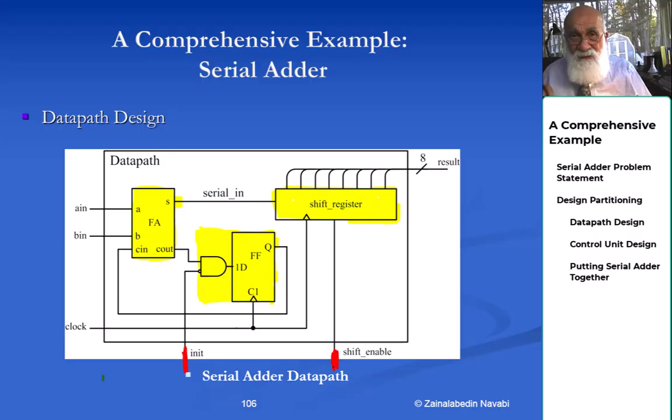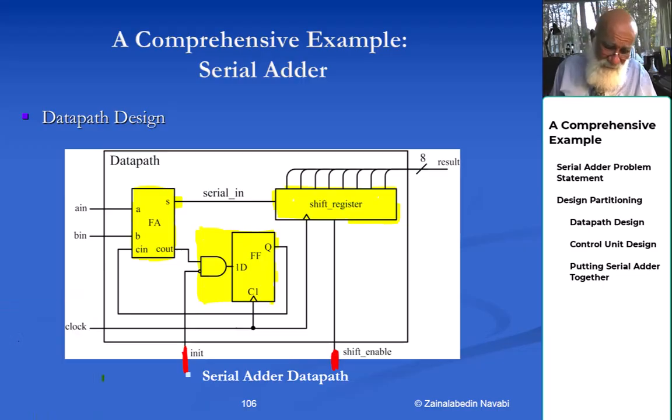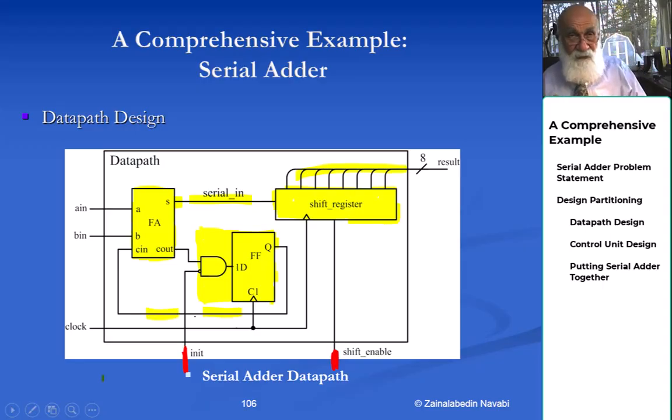Decide on the signals that control these components. These are these red signals coming from the controller. And also decide on the busing, the interconnection of the components. Well, my design is so small that I really don't have a lot of buses. But for the sake of following the rules, this is a bus. This is the output bus. And this is also a bus connecting my flip-flop to the input of the full adder.